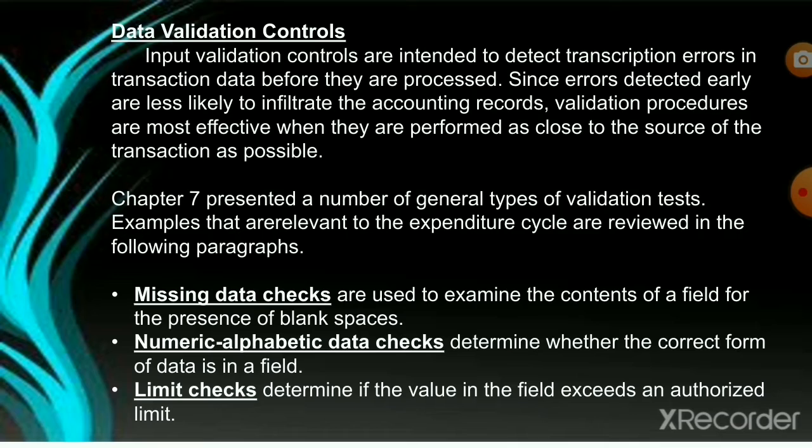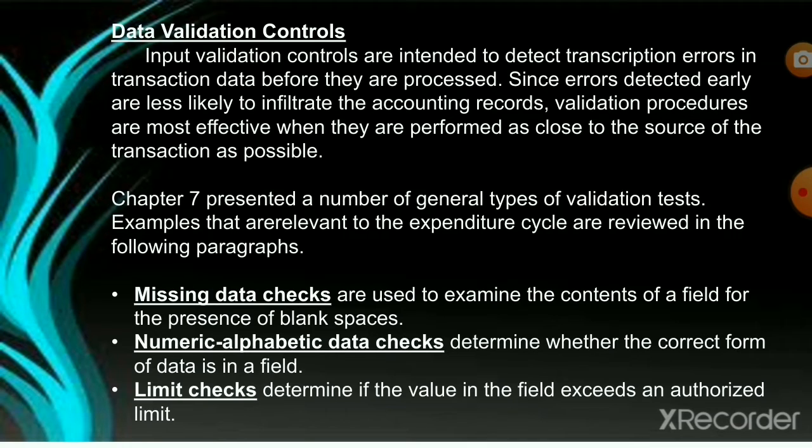Itong missing data checks, ginagamit siya to check yung mga incomplete records, and kapag yung validation program ay nakadetect ng blank spaces where it is supposed to be or ine-expect na dapat may makikitang data value doon, parang automatic na ine-interpret niya as error yung na-detect niyang blank space.